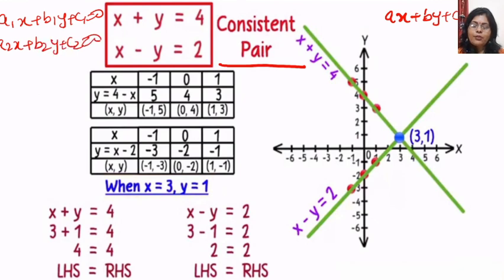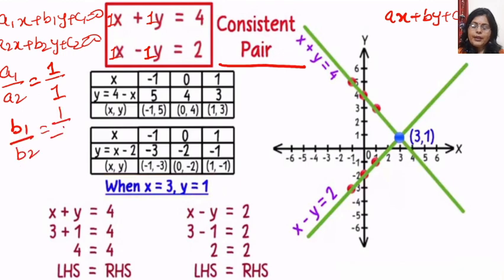Then what is the value of a1 upon a2? It is 1 upon 1, and b1 upon b2 is equal to 1 upon minus 1.